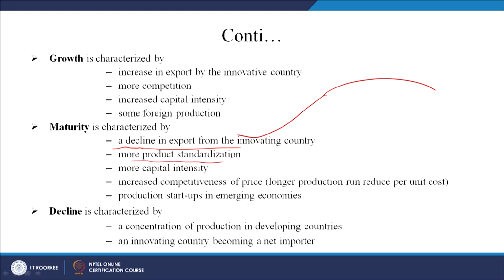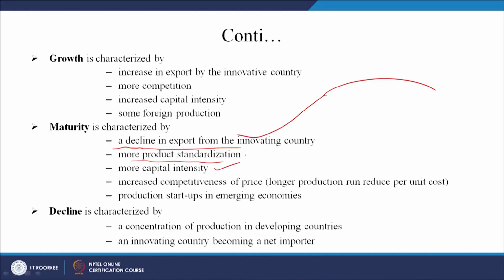More product standardization. Now, this is the stage where during the maturity there are no new products or new differentiation being created. The products are more or less standardized. So, it becomes simpler to produce, economies of scale are achieved, it is good, that is the positive side. Again, capital intensity is required because new players are coming in, competition is rising.